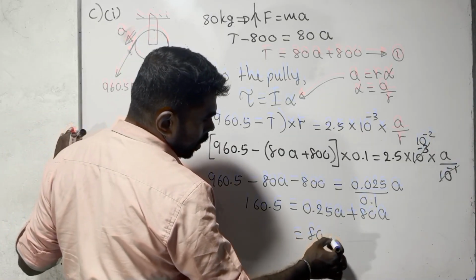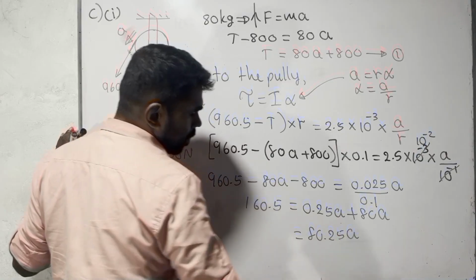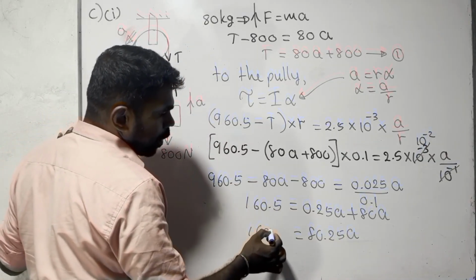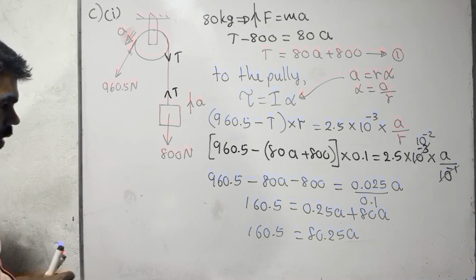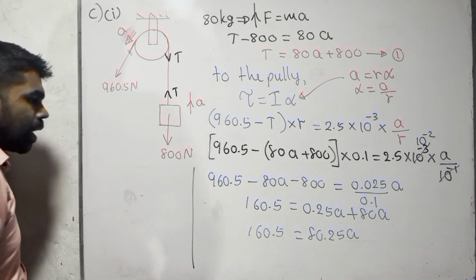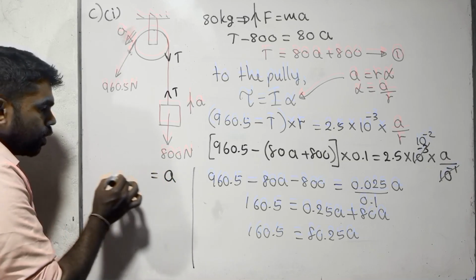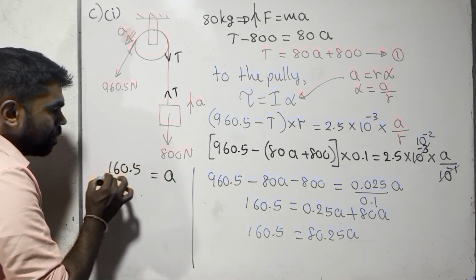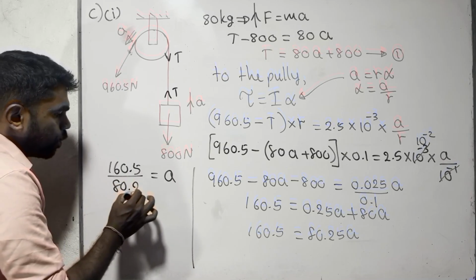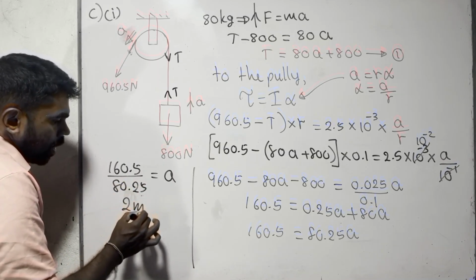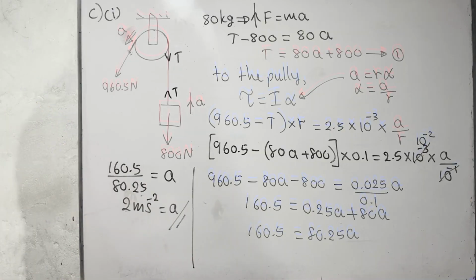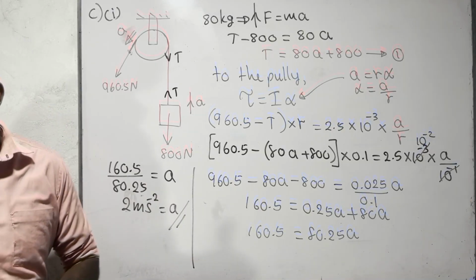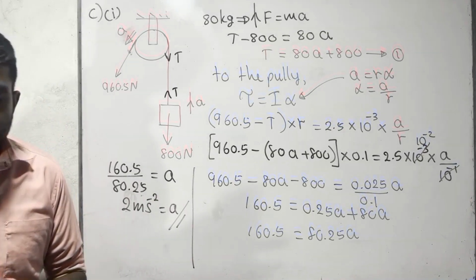Then 80.25A equals 160.5. Then we can make A the subject: 160.5 divided by 80.25. It is 2 meters per square second. This is the linear acceleration of the man. It is equal to the tangential acceleration of the pulley.